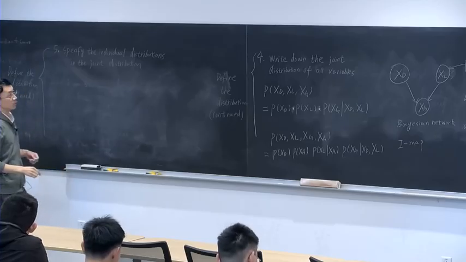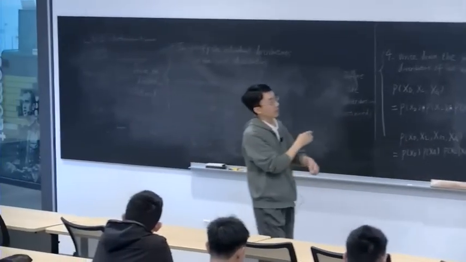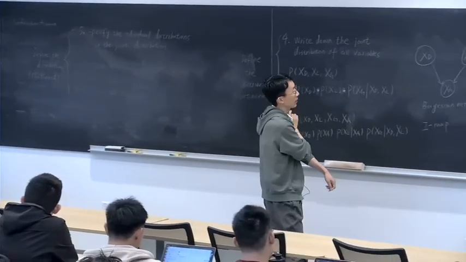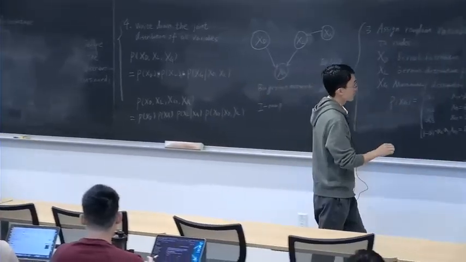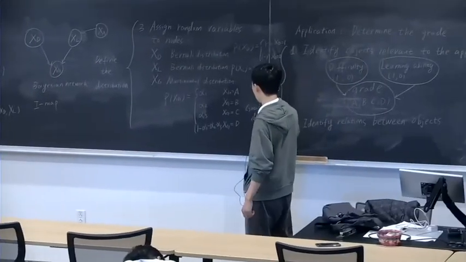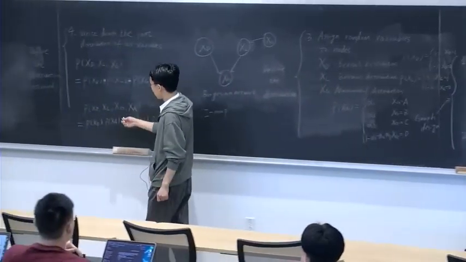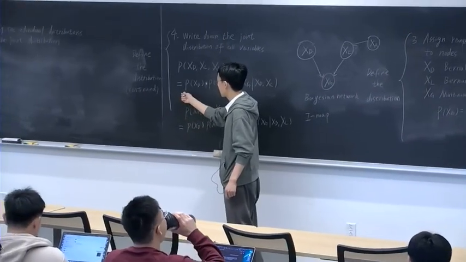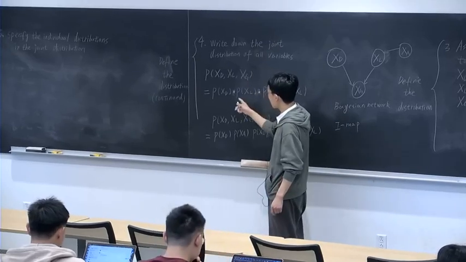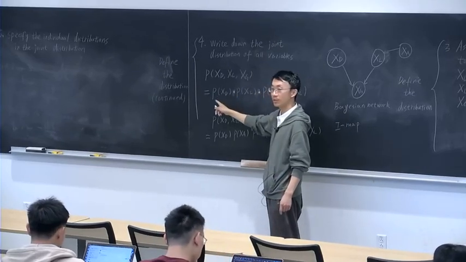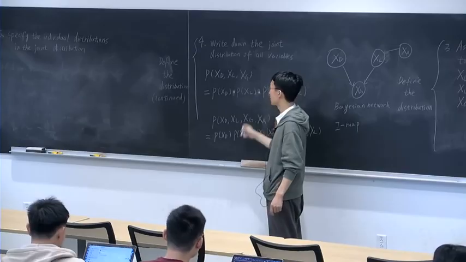Steps 3, 4, and 5 are all about defining the distributions, while steps 1 and 2 are about designing the graph.